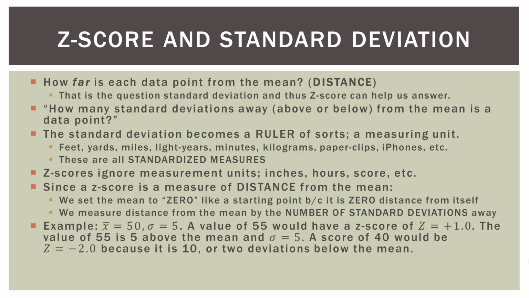So that's 5 divided by 5, which is +1. Now for a score of 40, again, that would be sort of the same process. That would be 40 minus 50, that's -10. -10 divided by our standard deviation of 5 is -2. So a z-score would be -2.